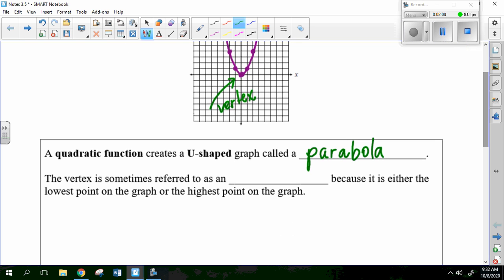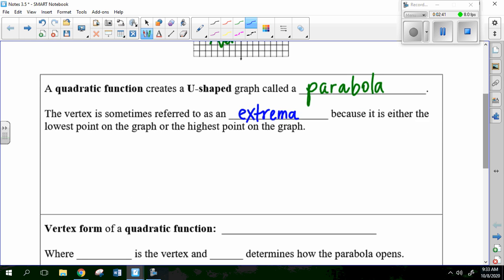And sometimes the vertex is referred to as an extrema. That may be a word you haven't heard before. I'll be honest, I've never really taught it using that terminology until I teach calculus, but we have been asked to bring that terminology in. The reason it's called an extrema is because the vertex is either the lowest point on the graph, so it's the extreme.